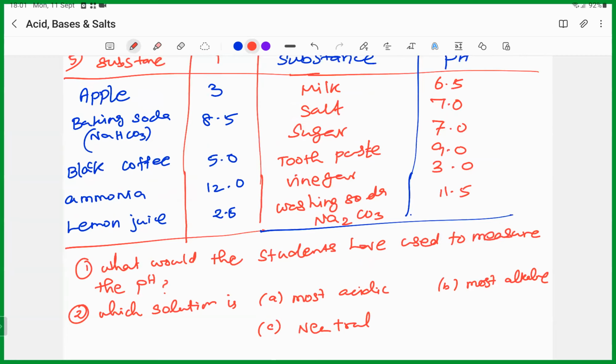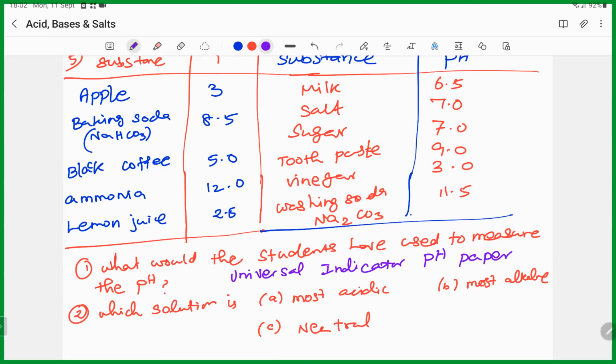What would the substance have to measure the pH? pH paper. Then which is the most acidic?